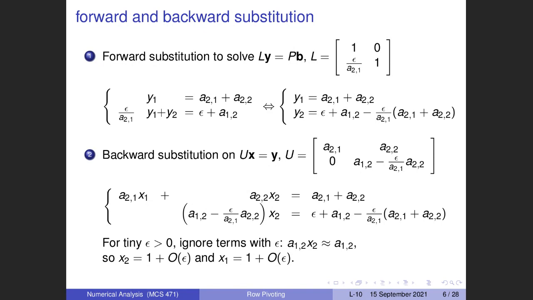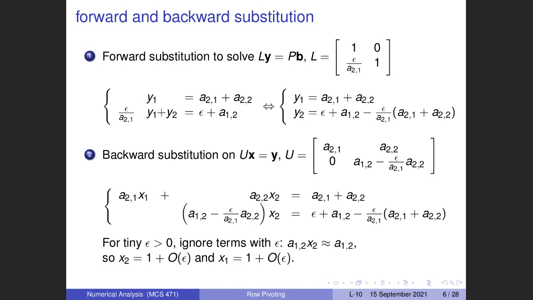All right, so we have seen two ways now to solve this linear system, this 2 by 2 system. The first with the algorithm that we have covered in lecture 8 with the LU factorization.